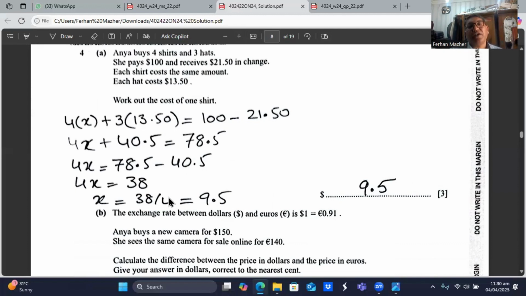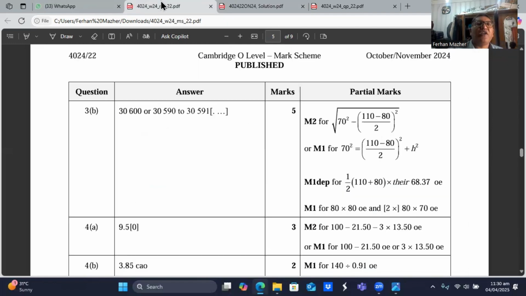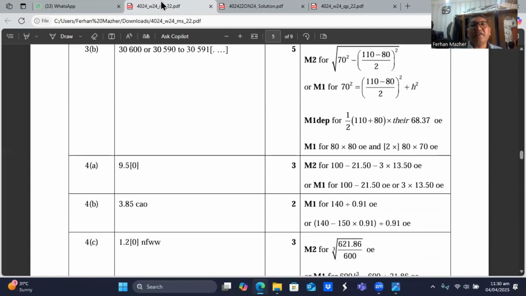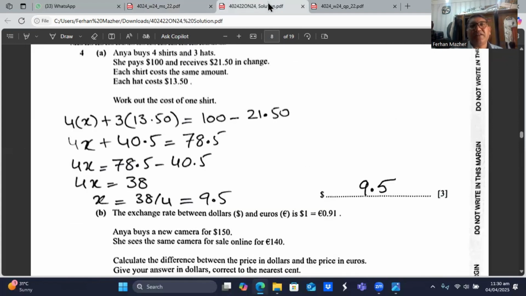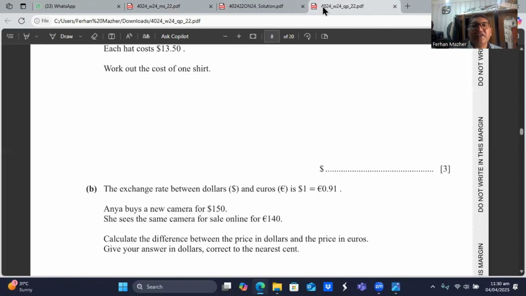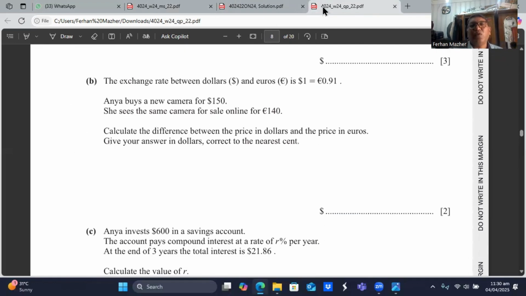So x will be equal to 38 divided by 4, and that will be 9.5. So the value of one shirt is $9.5. $9.5 is our answer, so our answer is right. I hope you understand.